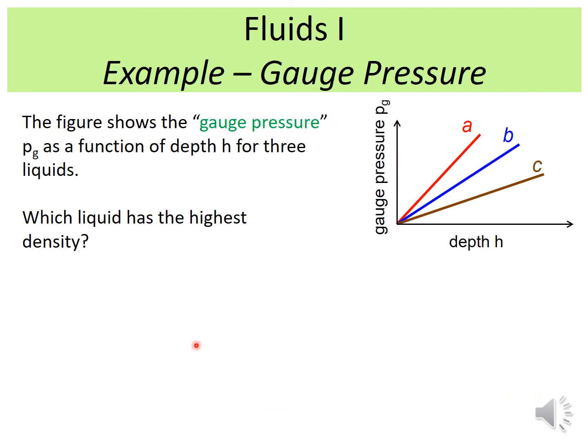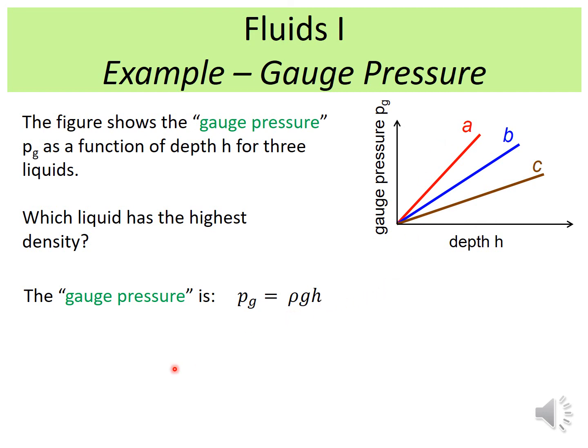Okay, let's have a look at another example with the gauge pressure. The figure here shows a gauge pressure versus the depth of an object somewhere in a liquid. And then we are asked which of these liquids, A, B, or C, has the highest density. Because this is a gauge pressure, we know that the pressure which is plotted here is rho times G times H. And H is the variable on which this graph is plotted.